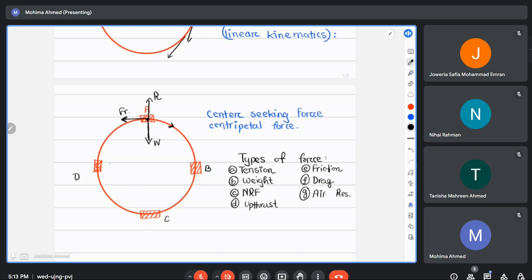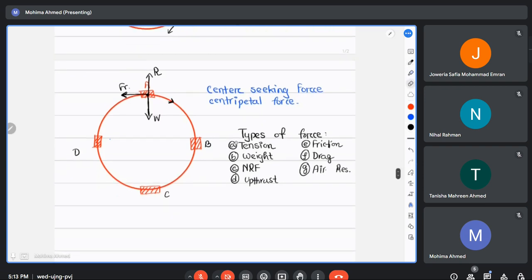Other than that, if you move on to option B now, this is position B. I'll label position B later. This time, weight would continue to act in the downward direction, right? Weight would always act in the downward direction. Weight never acts perpendicular to the plane or perpendicular to the motion.